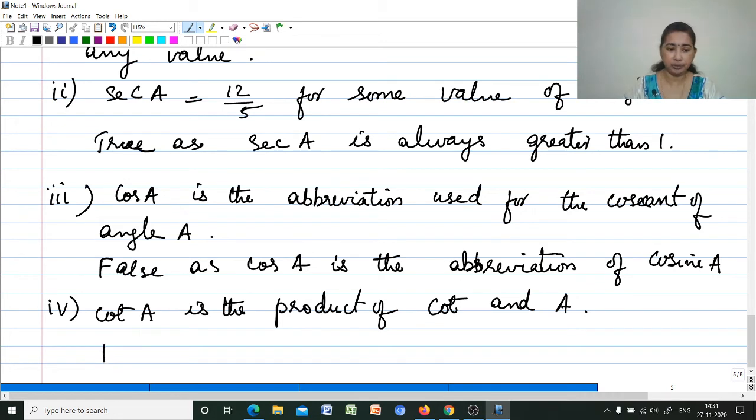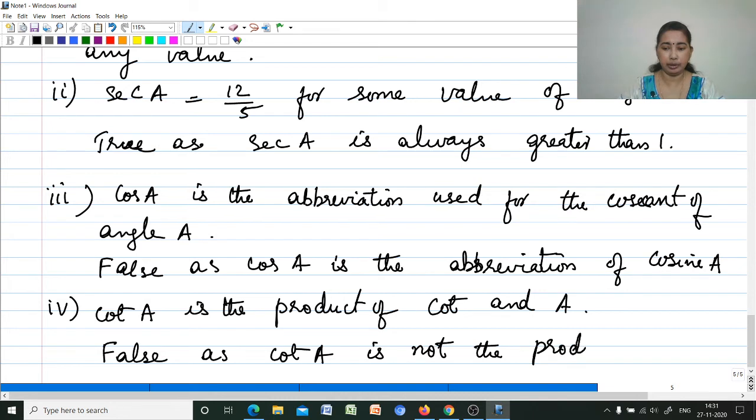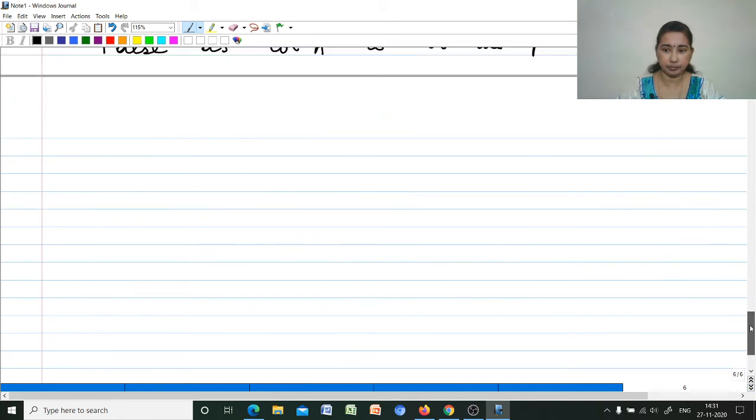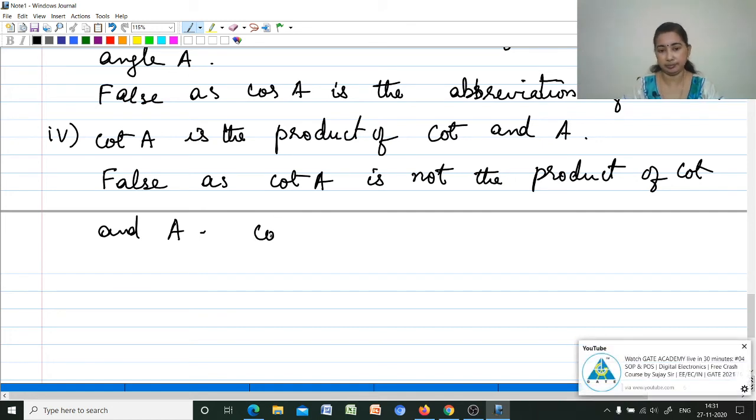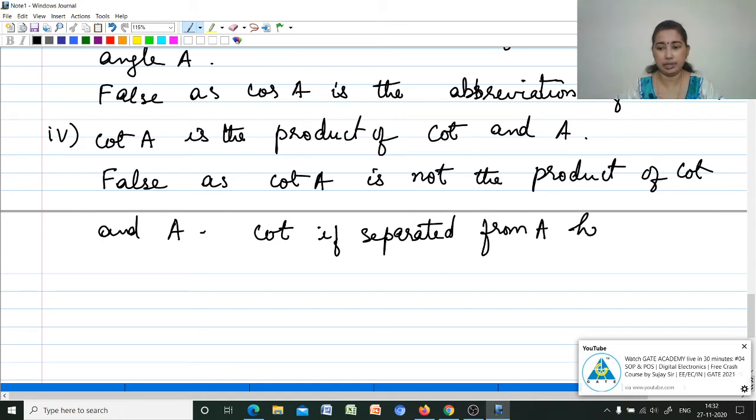It is also false, as cot A is not the product of cot and A. Cot separated from A has no meaning.